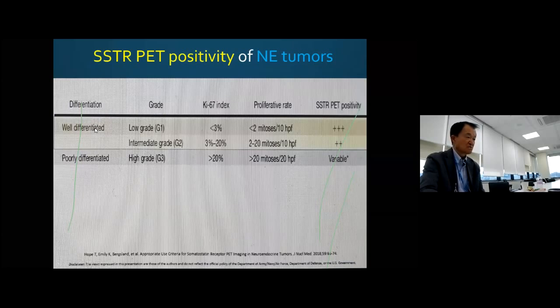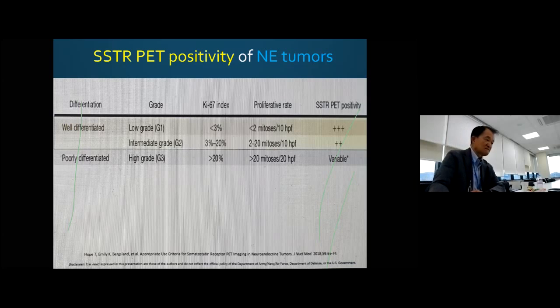Again, a low grade, well differentiated tumor versus high grade is judged by looking at the Ki67 index, and you expect the positivity to be much higher or less. This is more so in the gallium PET scan. With FDG it's the other way around: the scan is a little bit, but very intense in poorly differentiated tumors.